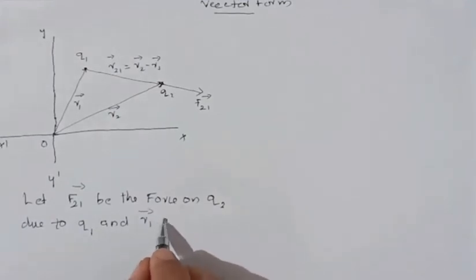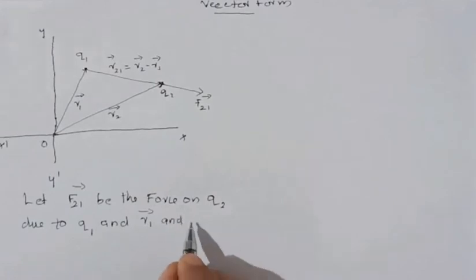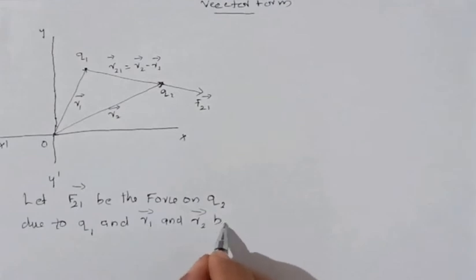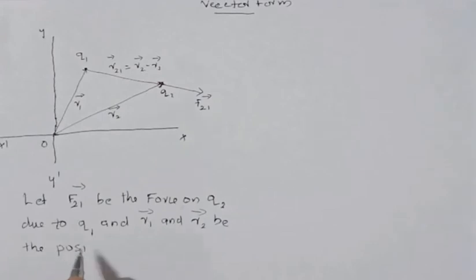R1 and R2 are the position vectors to the 2 point charges Q1 and Q2. So R21 will be the vector from Q1 to Q2.